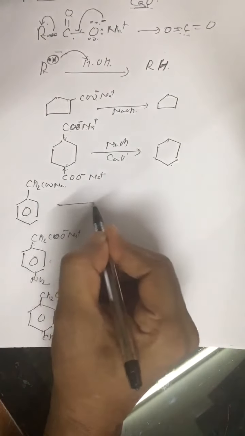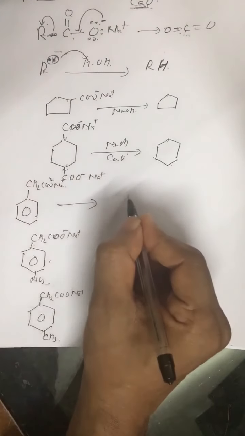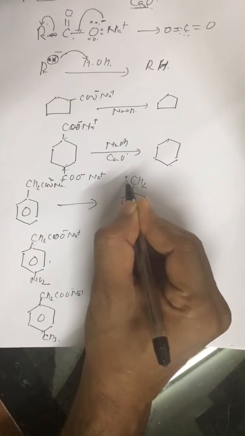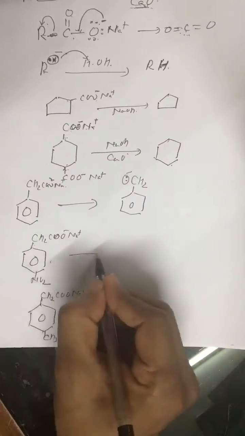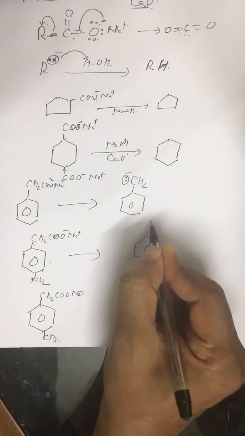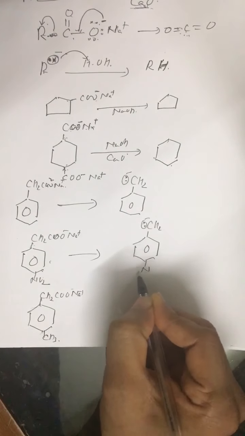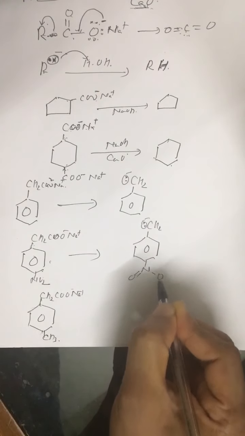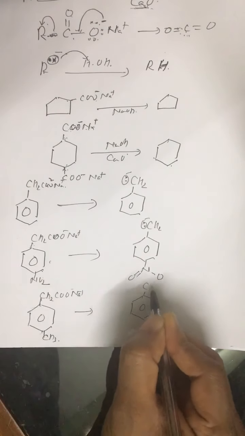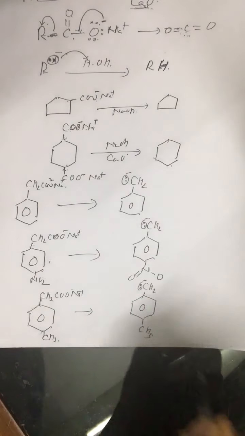What we have to do is remove the COO and put a negative charge on the base. So you get C6H5CH2 negative. In this case, you get C6H5CH2 negative with the NO2 group. In the last case, you get this kind of intermediate, CH2 negative with CH3.